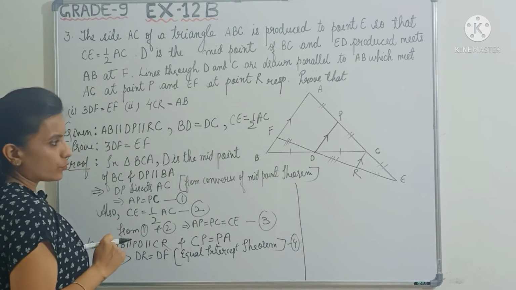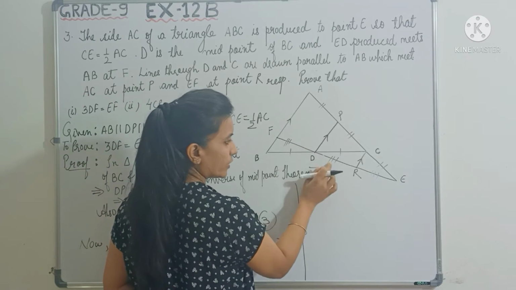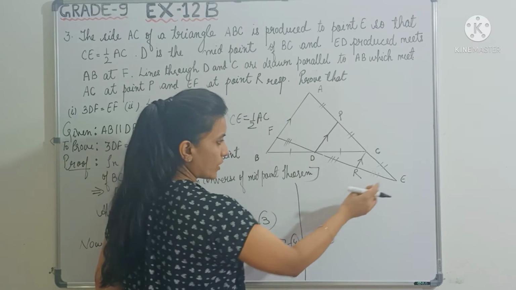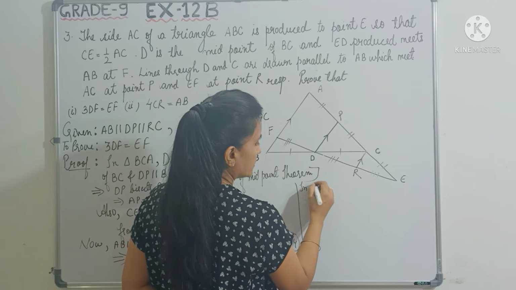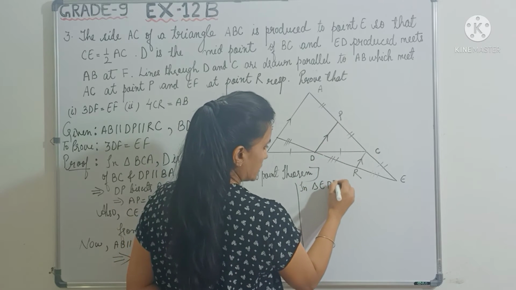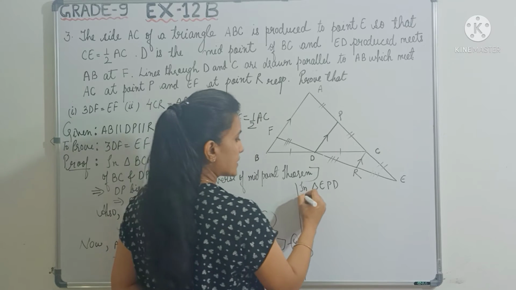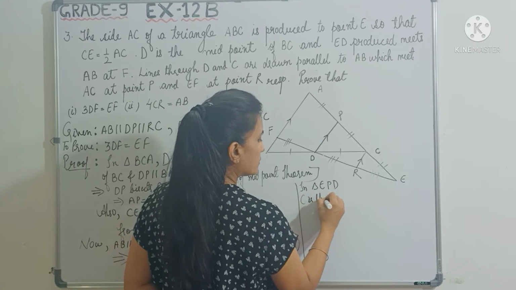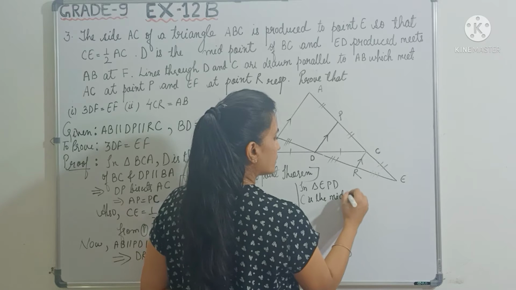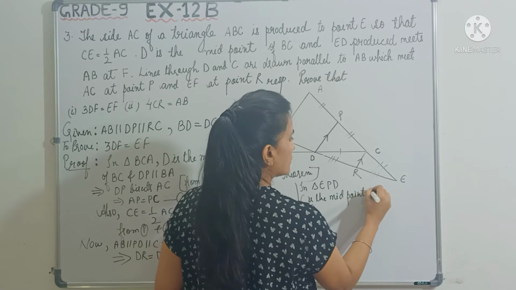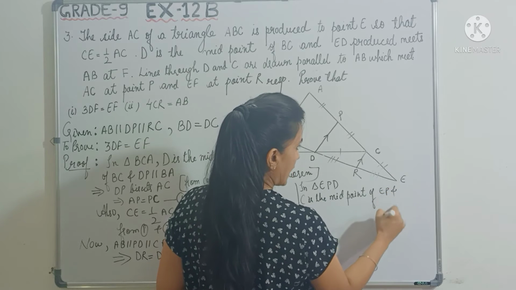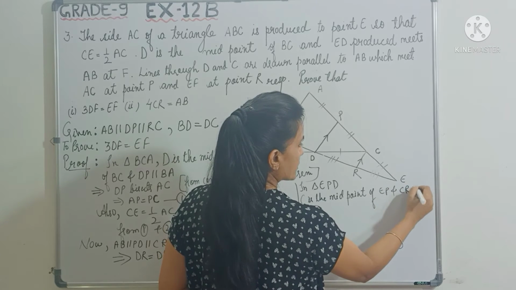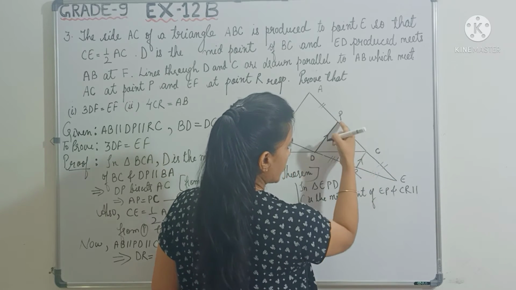Now what else do you have to show? You have to show that these two are equal to this also, right? So take triangle EPD. In triangle EPD, C is the midpoint of EP, and CR is parallel to PD.